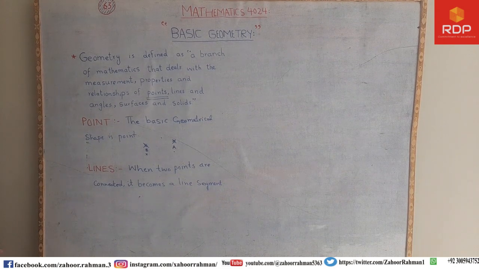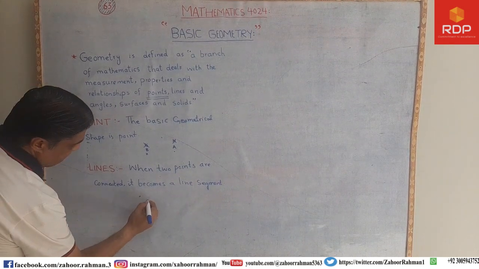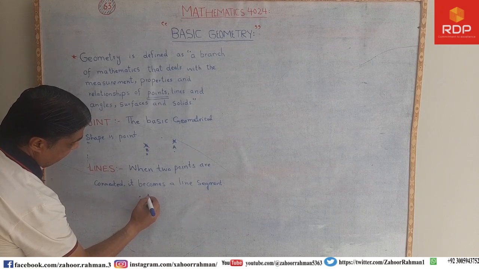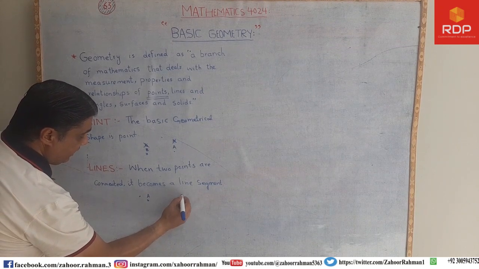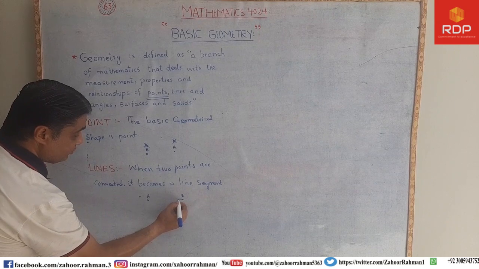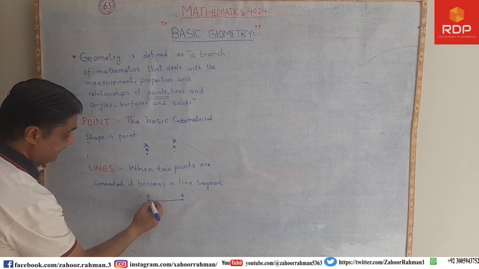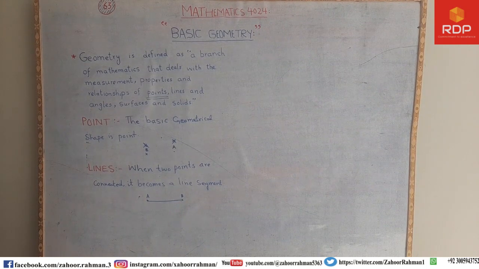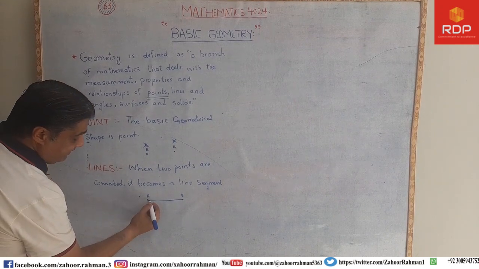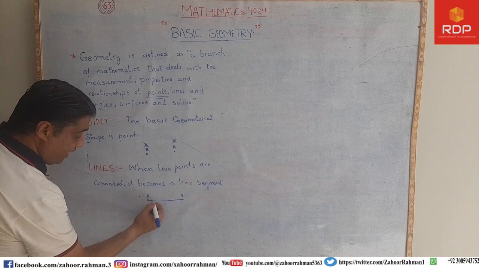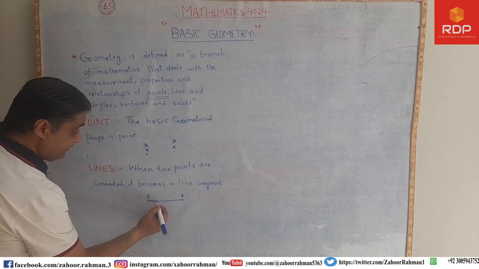For example, if there is point A and point B, we connect these points. This line is made of different points, remember.